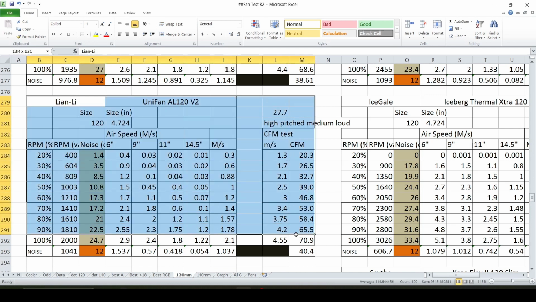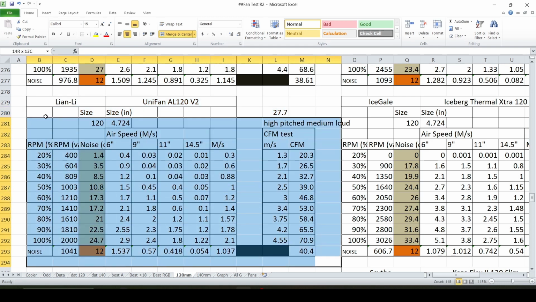With every video, I do like to show off my raw data. This data does belong to me. It takes me around 1.5 to 2 hours to generate this level of detail in my data. And as we progress through the evolution of this channel, I expect more testing to take me longer to do, which is perfectly fine. I love collecting data, which is why I started doing this fan testing, because I was very unhappy with the way other reviewers were testing out fans.